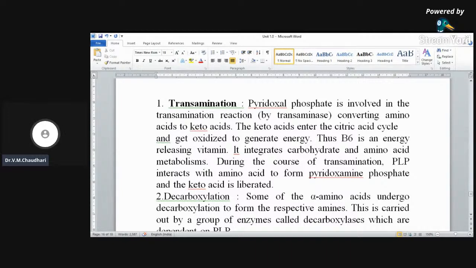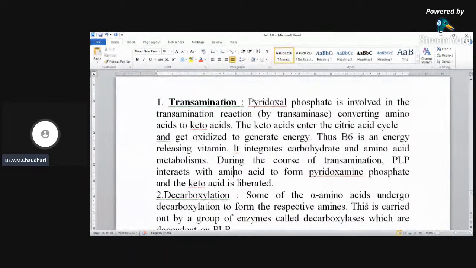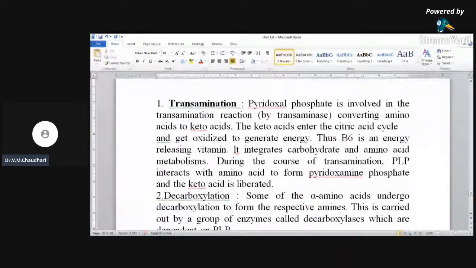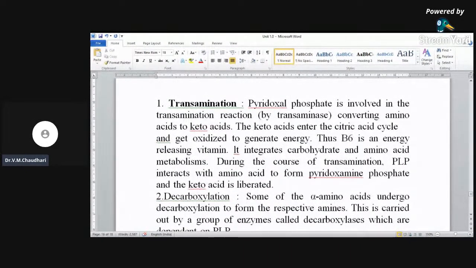Okay, so these are the important vitamins and derivatives which are involved in these reactions. So what we have seen.